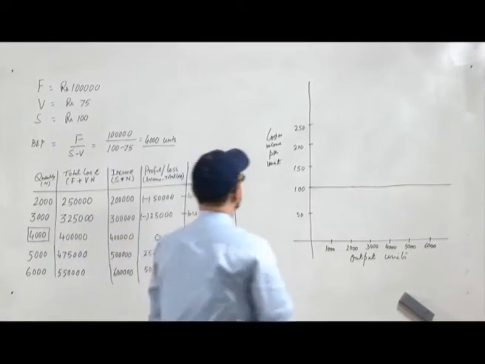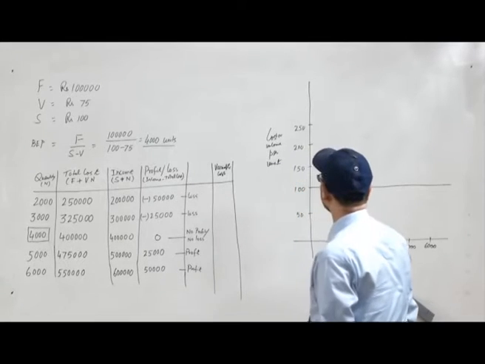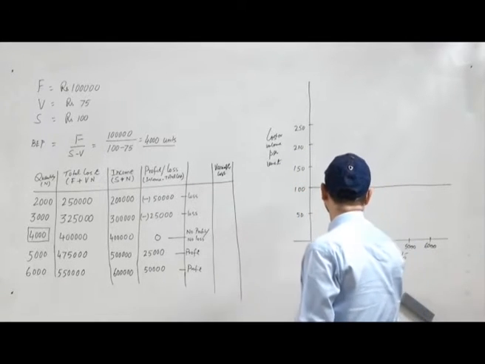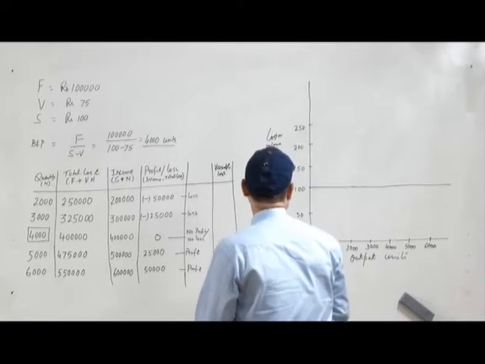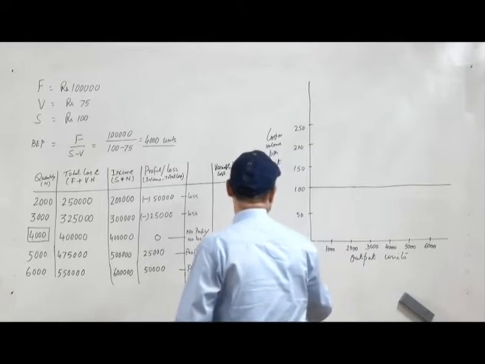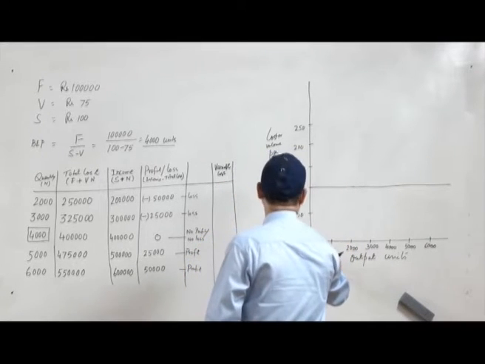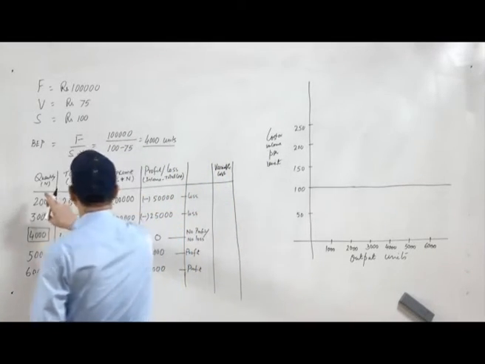Now, what we can do is we can have the variable cost here. In this case let us find something about the total cost. Now, the total cost line for per unit output. So, we have to get the value of total cost for 1000 units.